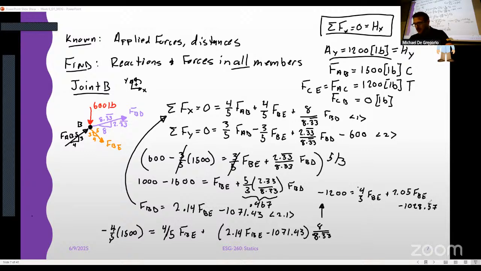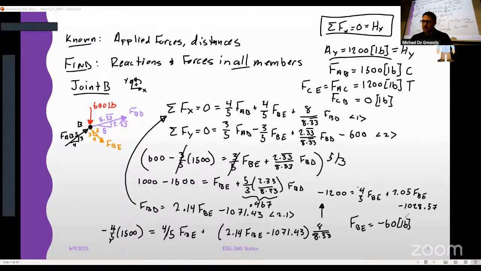And now we can solve for FBE. And it turns out that if we solve that whole thing, FBE is negative 60 pounds. It's negative 60.06-ish, but I'm just going to call it negative 60 pounds.